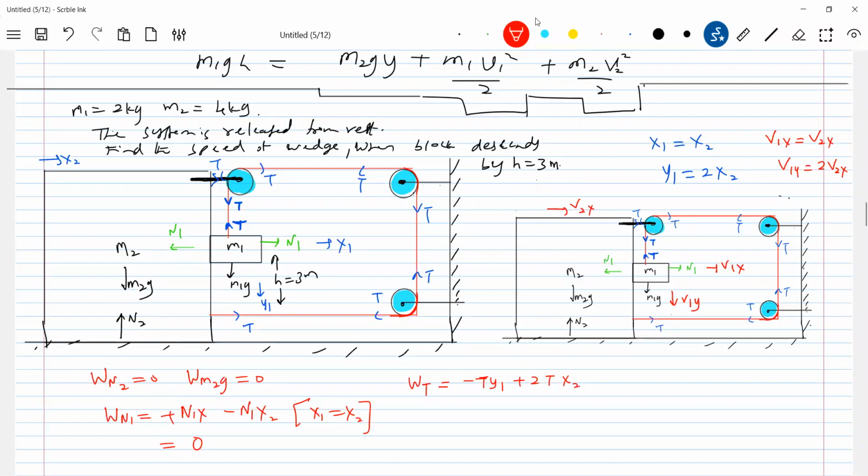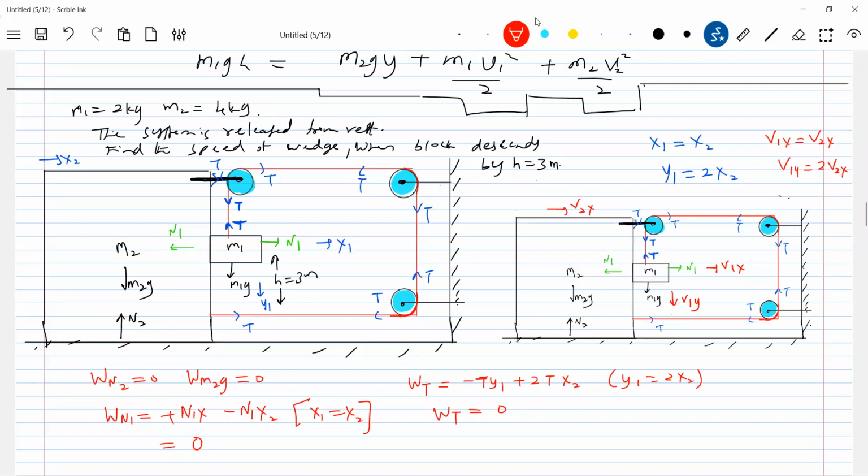I'm just showing the method to solve. You can apply this for almost all the wedge constraint problems. So look at the constraint equation y1 equal to 2x2. This will be 0.